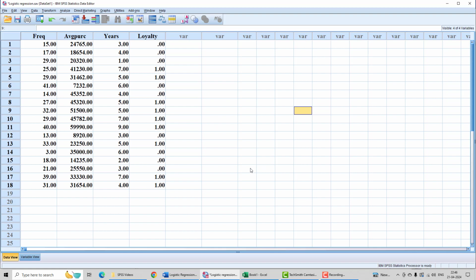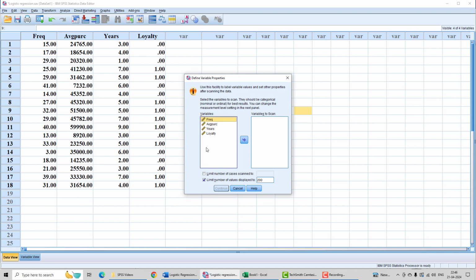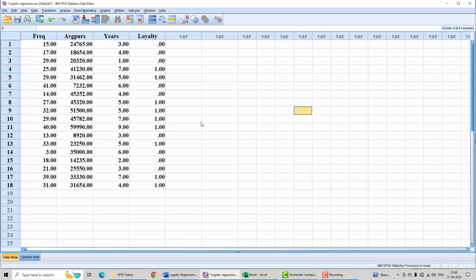Now we are going to do the logistic regression analysis, for which we have already defined the variable properties, and we have already put loyalty as 0 for not so loyal and 1 for loyal, due for gold membership. Okay, so that is there already, and now we'll start.